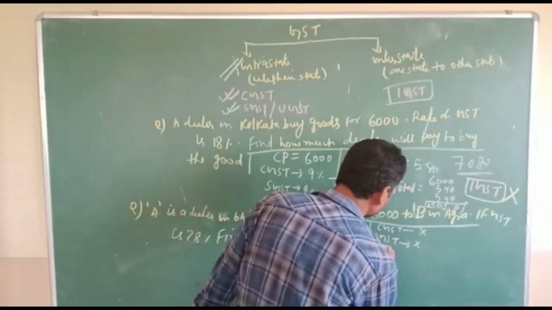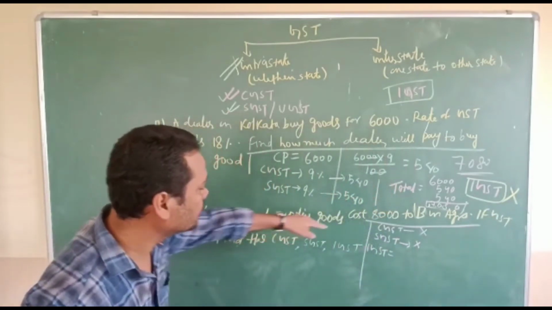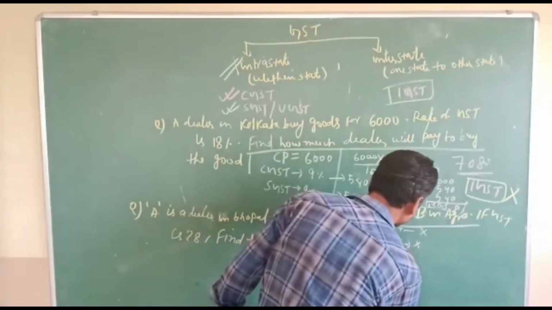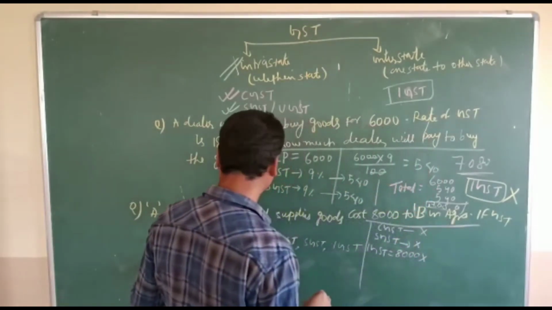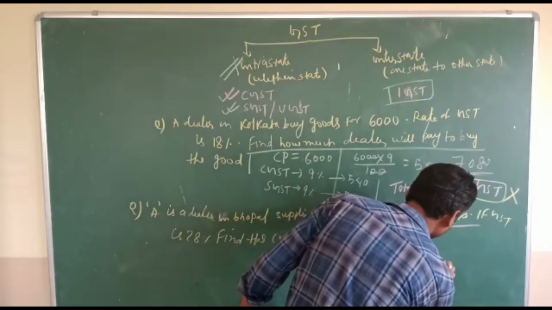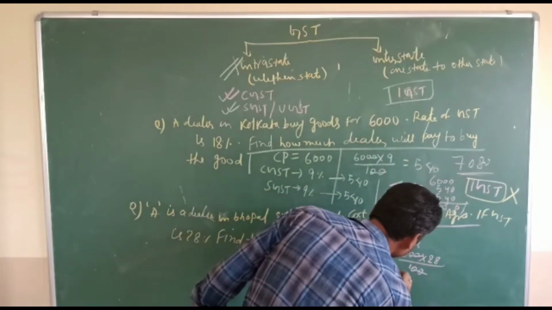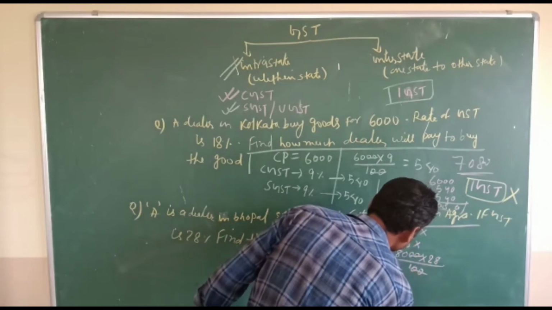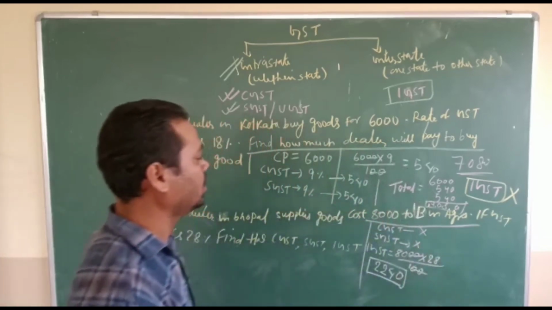How will you calculate IGST? The cost is 8,000. Tax is 28%. Rupees 2,240 is the tax.